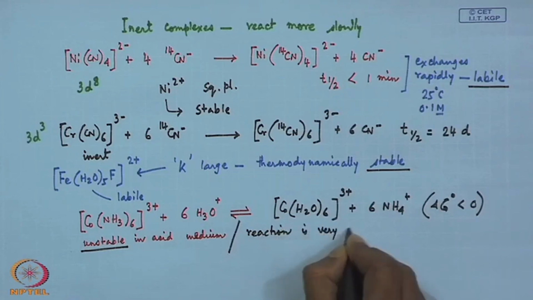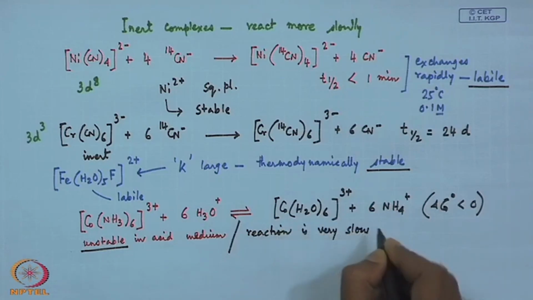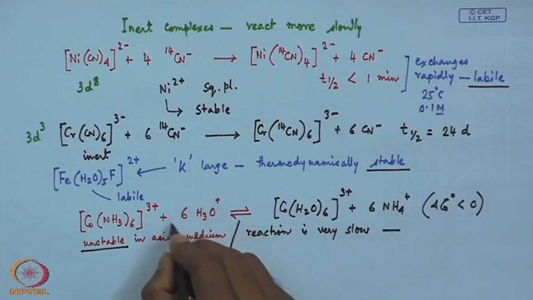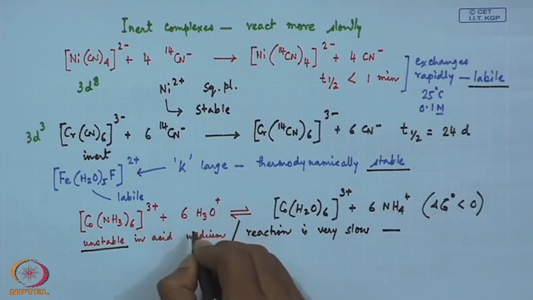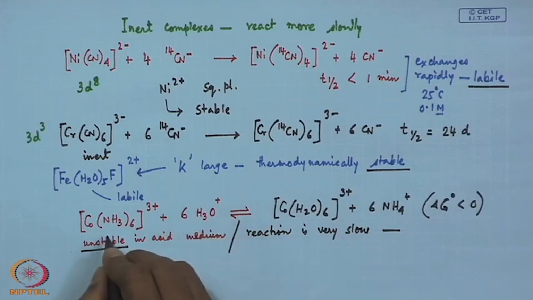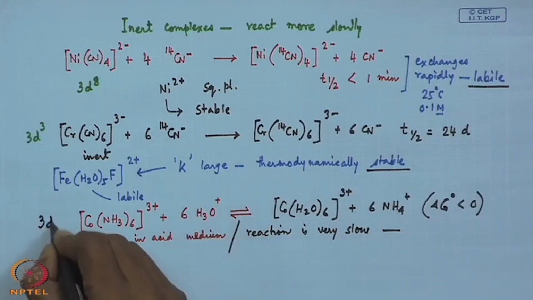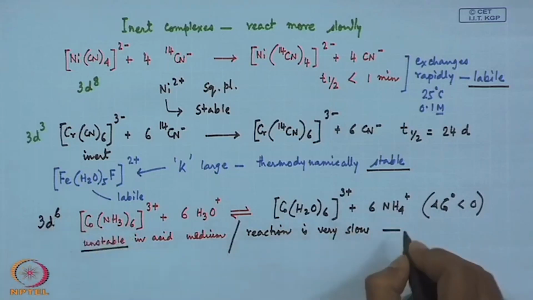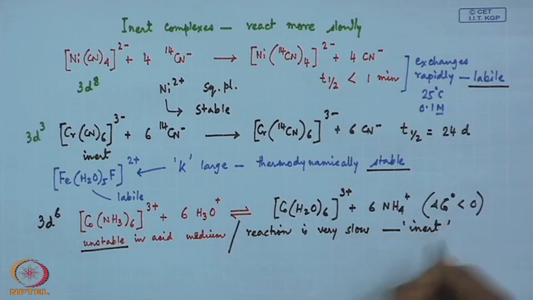It is reacting slowly with the acid available in the medium. That means this particular compound, which is in the t2g6 electronic configuration, is kinetically inert. It is unstable thermodynamically, but kinetically it is inert.